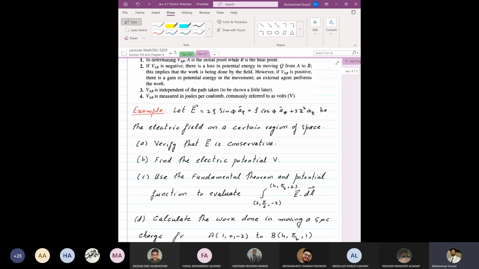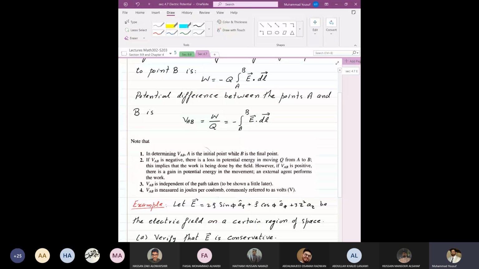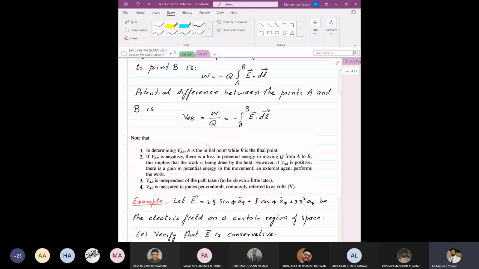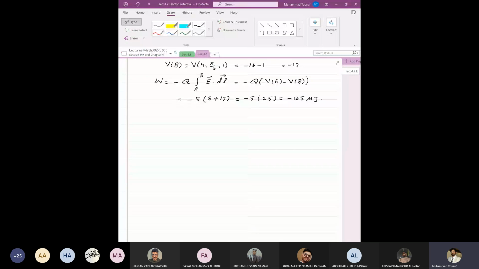From chapter 4, 4.7 and 4.8: 4.8 we have not done yet, but we will do it. And 4.7 is electrical potential, and we are doing these problems about electrical potential right now, and also work done by the electric field. So this thing, independence of path, is not included in this major 1. This will be included in the final. Okay?